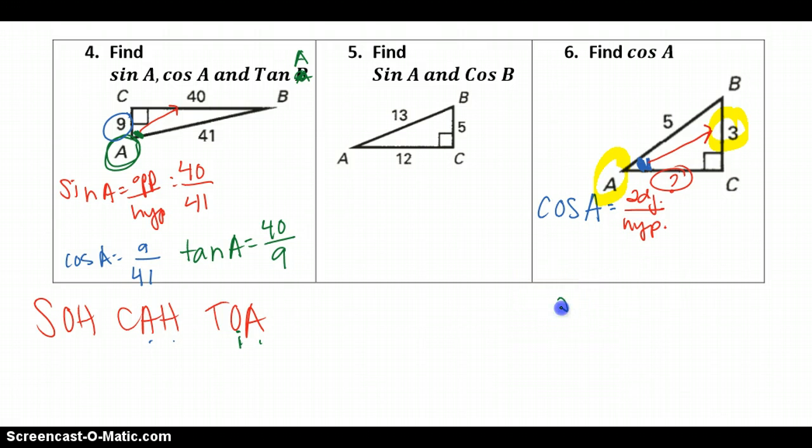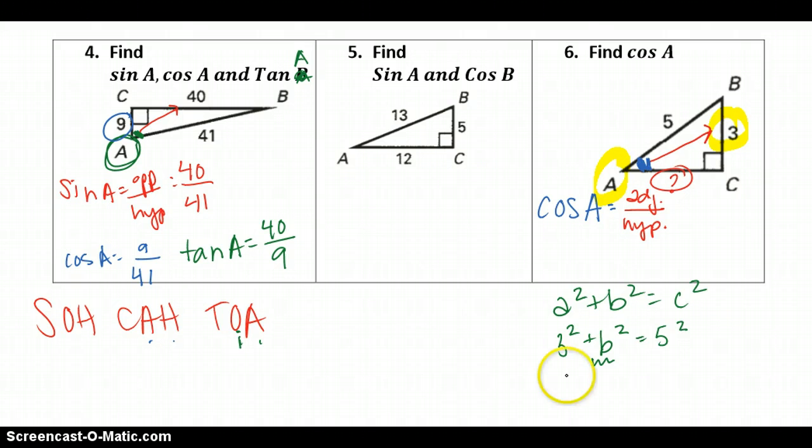Remember, the Pythagorean theorem is a squared plus b squared equals c squared. However, am I going to do 5 squared plus 3 squared? Why not? 5 is the hypotenuse. That has to go in for c. So I'm going to do 3 squared plus b squared, where b is what I'm trying to find, equals 5 squared.